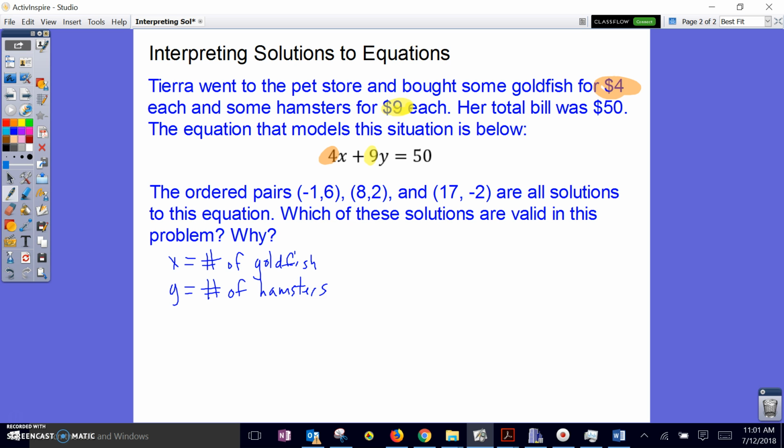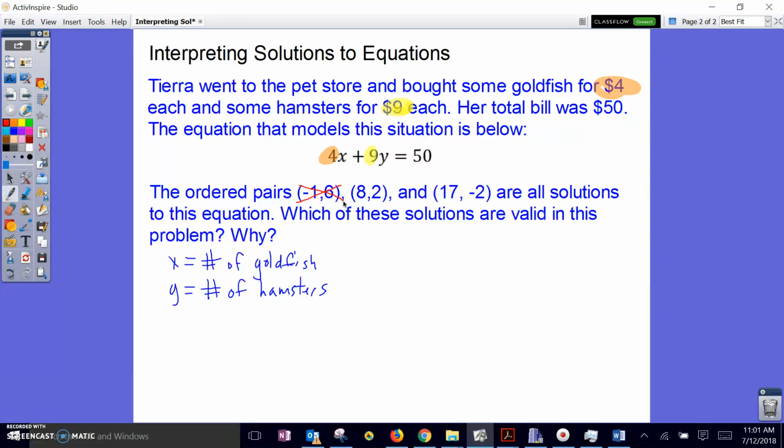So looking at the first ordered pair, that would mean that she would buy -1 goldfish and 6 hamsters. Now, if you think about that for a second, you'll realize that it's not possible for her to buy a negative number of goldfish. And so this solution can't possibly be valid.